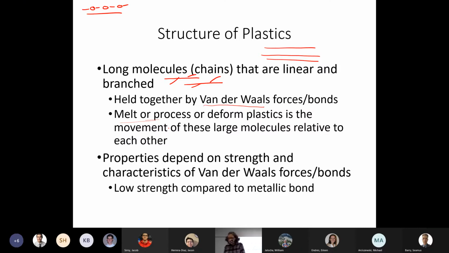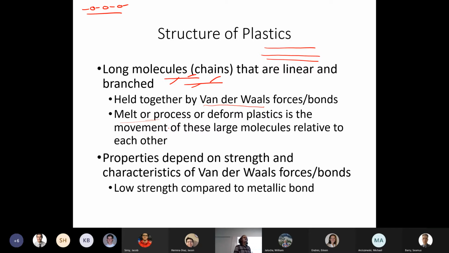So whenever we're thinking about thermoplastics, I like to visualize these large molecules moving relative to each other. That's somewhat different than in a metal. What's moving relative to each other in a metal? Will, sitting in class, what do you think, Will?